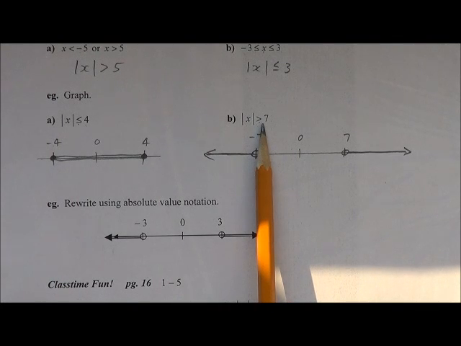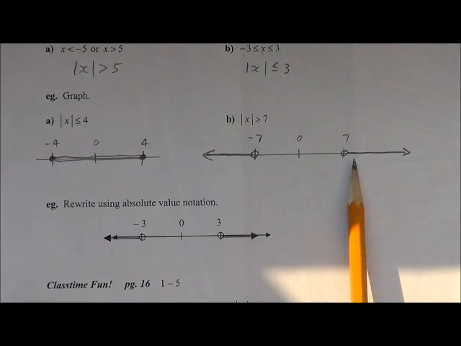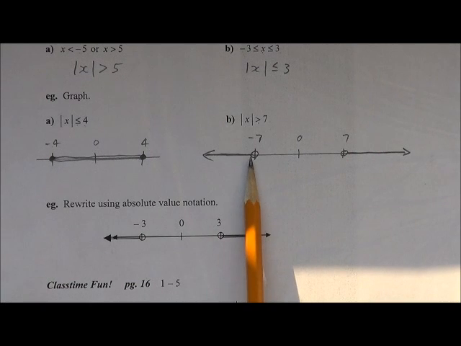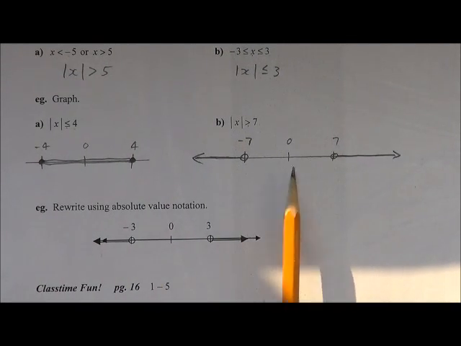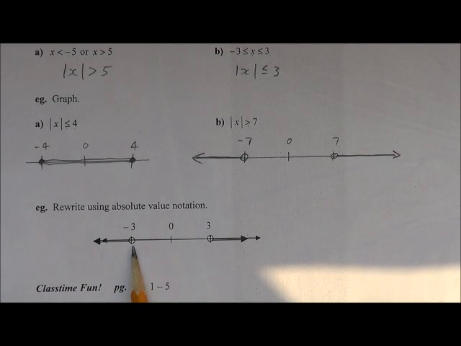When it's greater than 7, we see that it's going to be from 7 and above, or negative 7 and below. Well, here we see the same situation as in this example, where it's starting at 3 and going above, and starting at negative 3 and going below, more negative, and they're both open circles. So what would be the absolute value notation for this function?